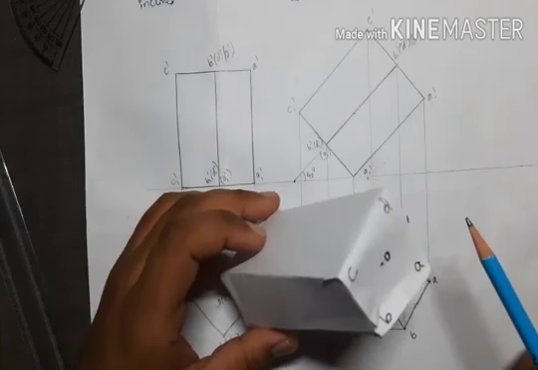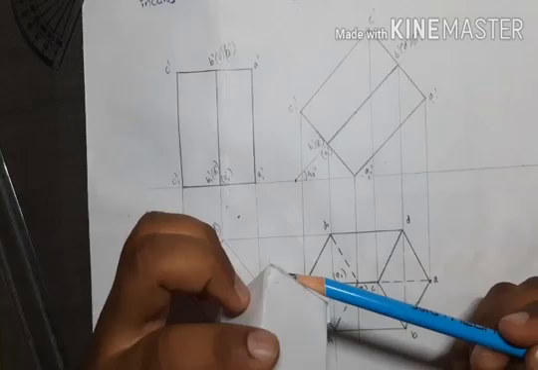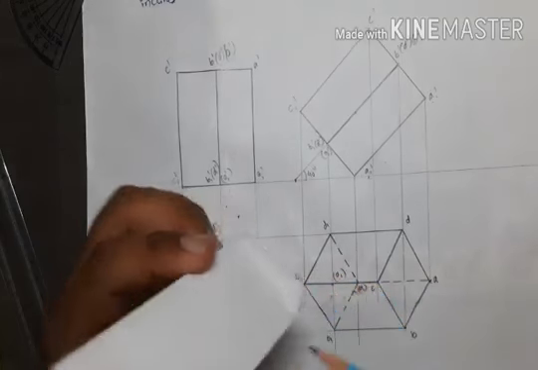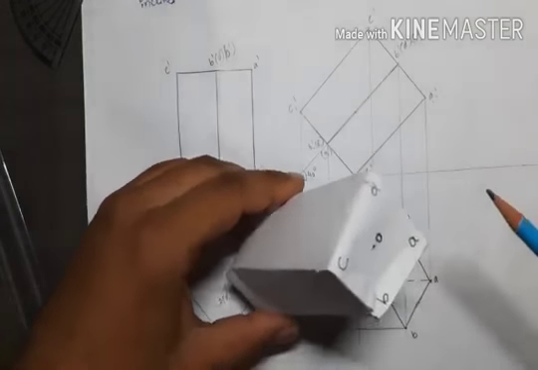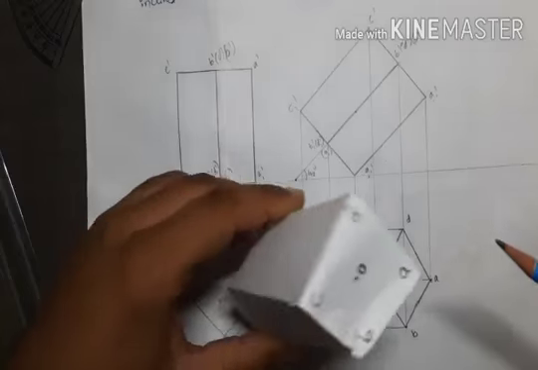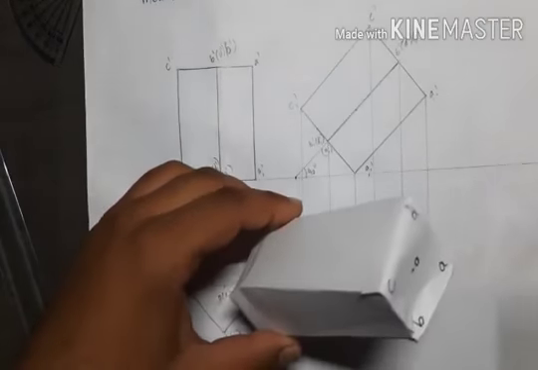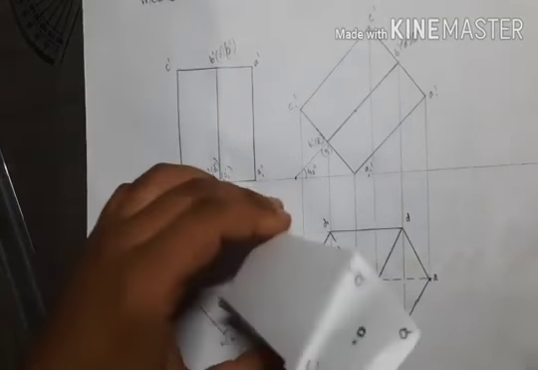If you are looking from the top view, these edges, which are at the bottom, when it is kept like this, appear hidden, and also this edge which is inclined here at the bottom. So this edge and this edge appear hidden.